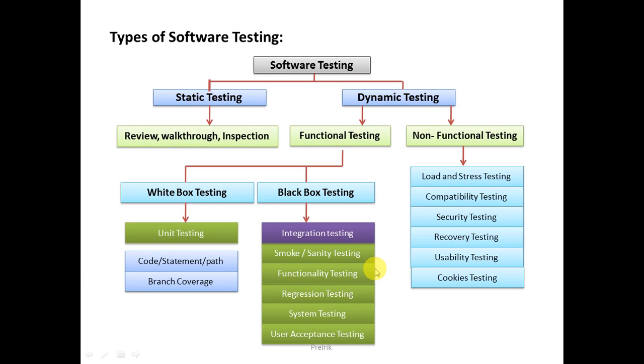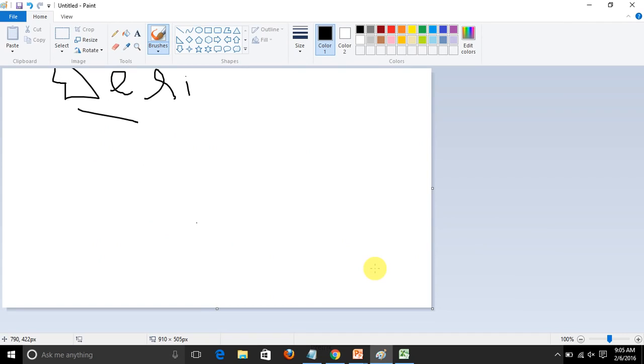There is a difference between smoke and sanity that I'll try to explain here using a paint. So what is smoke testing? Smoke testing is something like this: once a new product comes to a tester in the testing domain, and it is actually a new product, the builds of this product are not established yet, not stable yet.